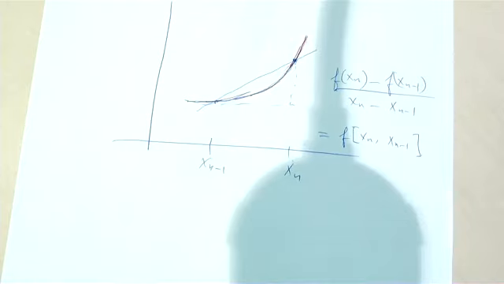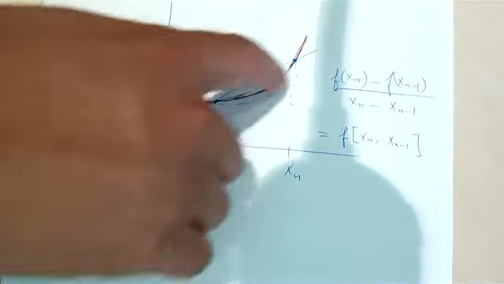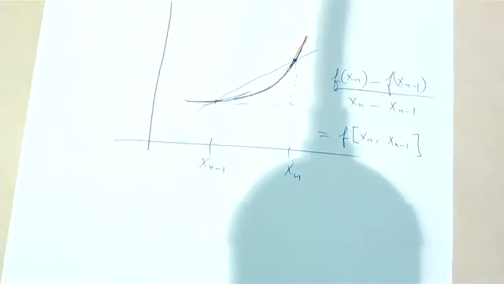And it's called the secant method because of the slope of the secant line that connects those 2 points. So the secant method doesn't require the derivative. The price you have to pay is the convergence is somewhat slower than Newton method.